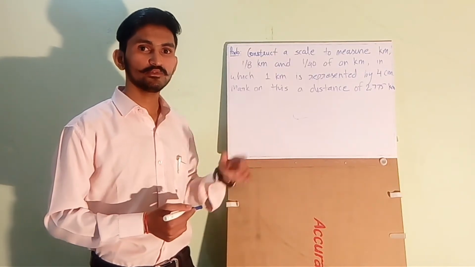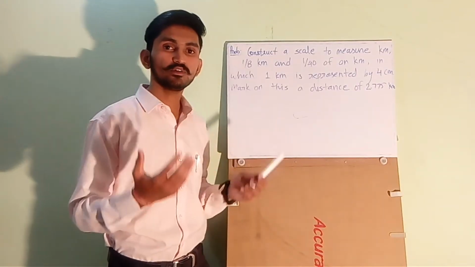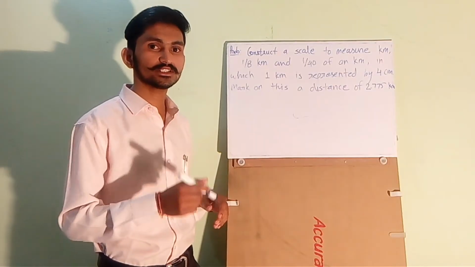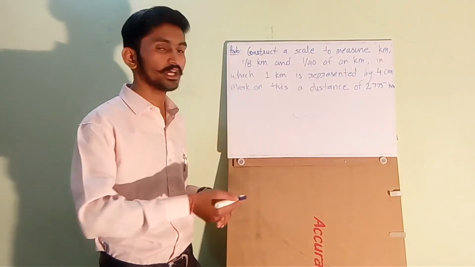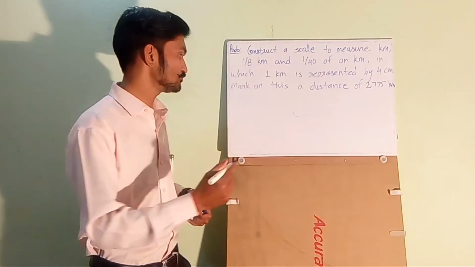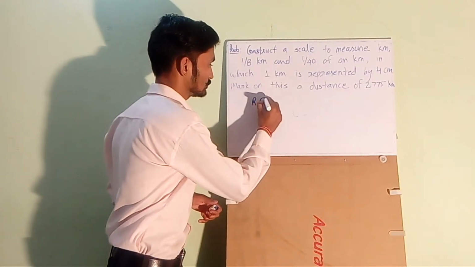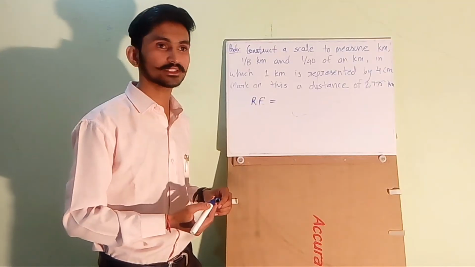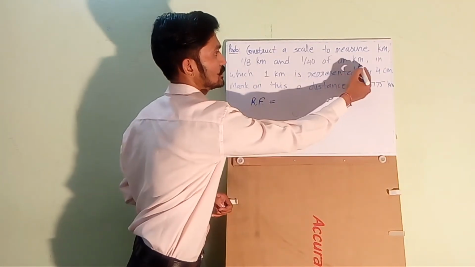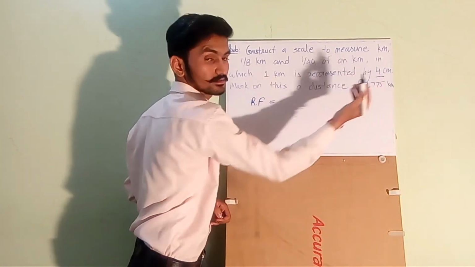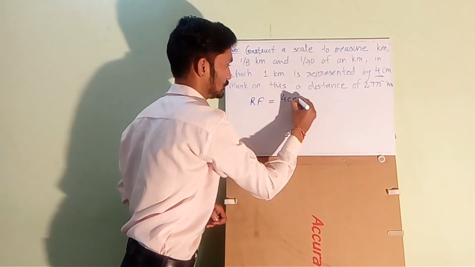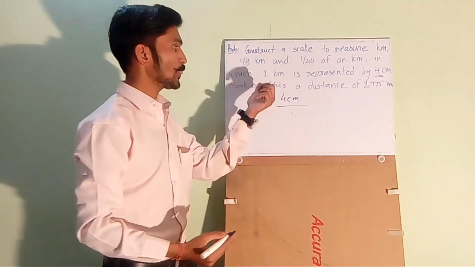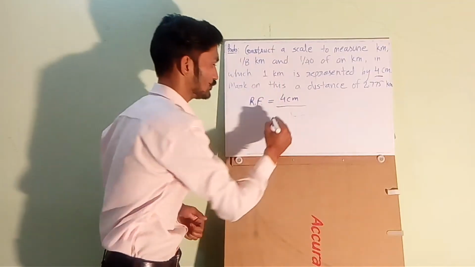So let's start with the RF. We always start with the RF because this is the first step to solve any question of diagonal scale or plane scale. So the RF is equal to drawing size divided by the actual size, and the drawing size is 4 centimeter, divided by the actual size, which is 1 kilometer.